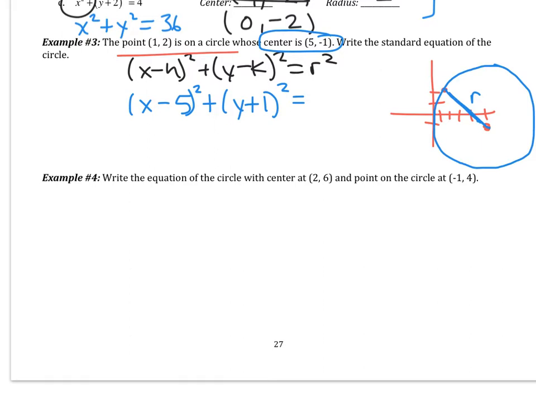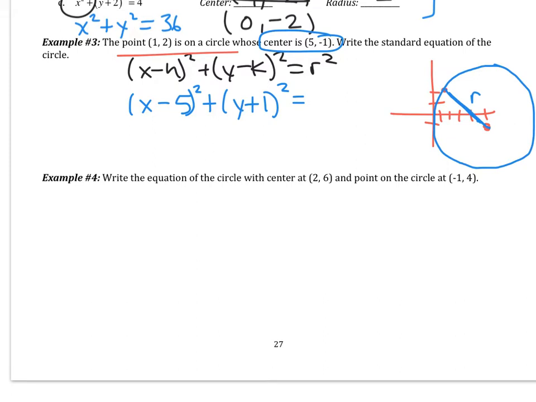We can do the Pythagorean theorem or the distance formula, which is the Pythagorean theorem. So you've got two options. Which route do you want to go?